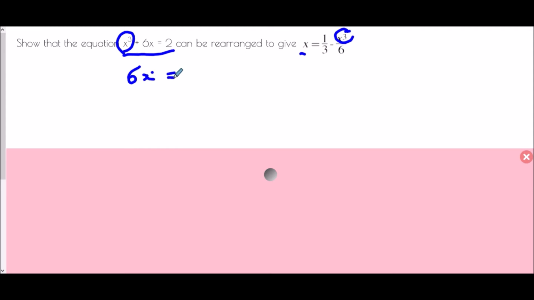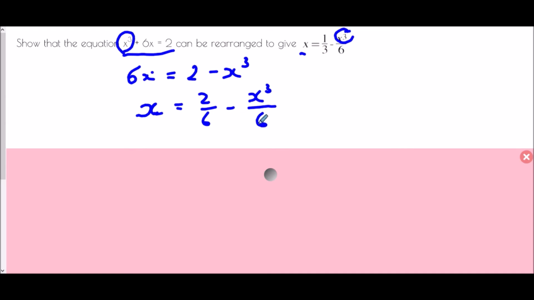So 6x equals 2, take away x cubed. And then if I want to make x all on its own, well, that would be dividing by 6. And so x would be 2 over 6, take away x cubed over 6.